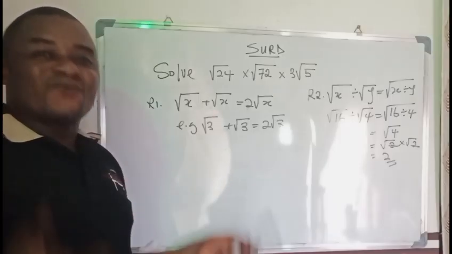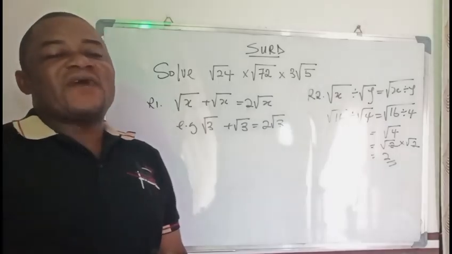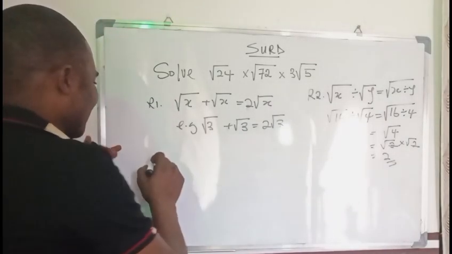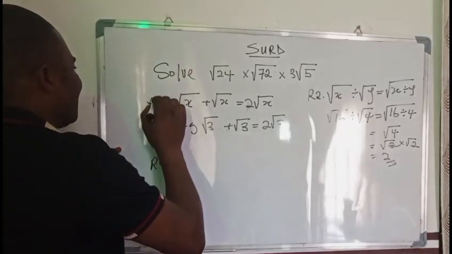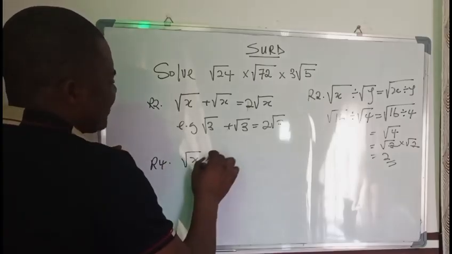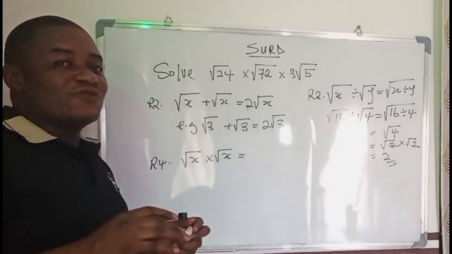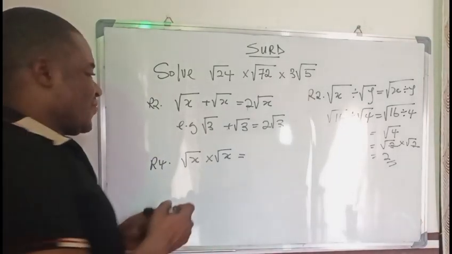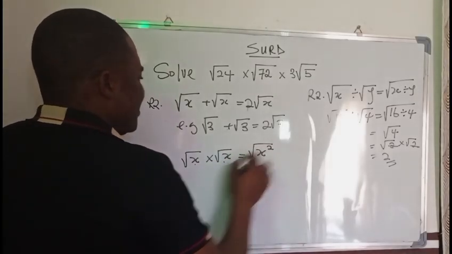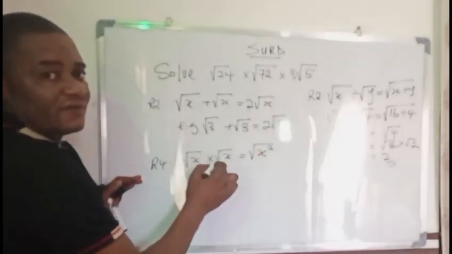Now, these are basic rules that govern surds. If you do not understand these rules, you'll find it difficult to solve surds. Okay, now another rule simply says that if you have √x multiplied by √x, where they are the same surds that are given to you, you should know that you can have x times x to give you x squared, so you can have √(x²), because this times this will give you x squared, and we take one surd.